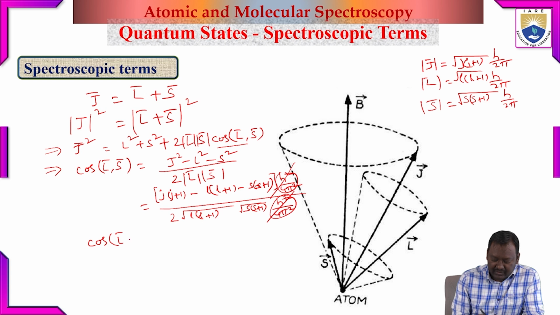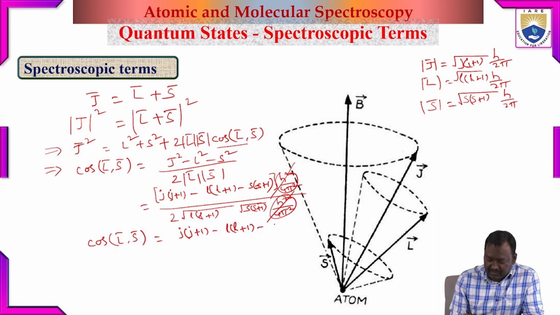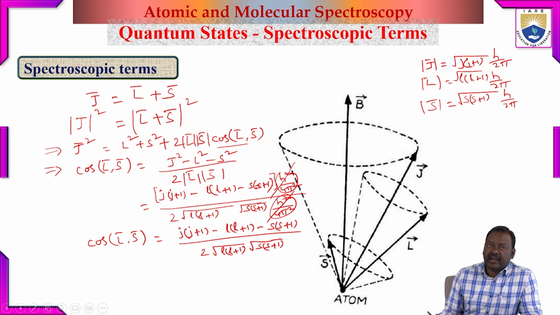Cos of the angle between L bar and S bar is equal to J into J plus 1 minus L into L plus 1 minus S into S plus 1, divided by 2 into square root of L into L plus 1 times square root of S into S plus 1. This is the cosine of the angle between L bar and S bar.